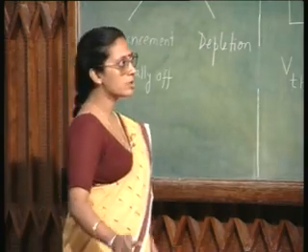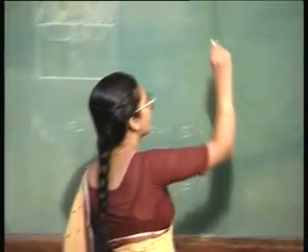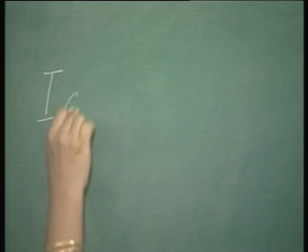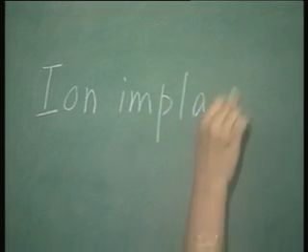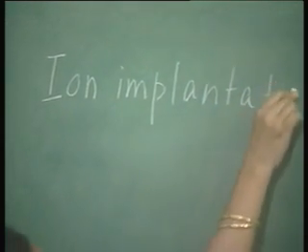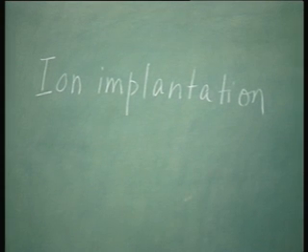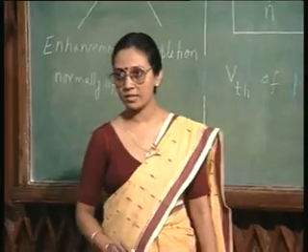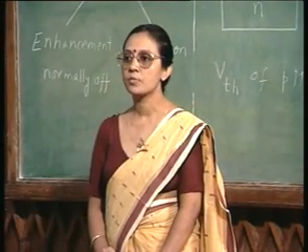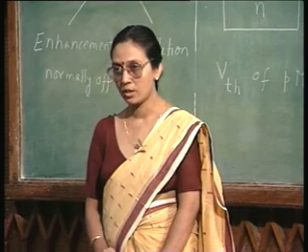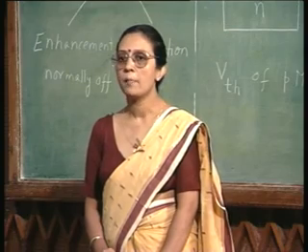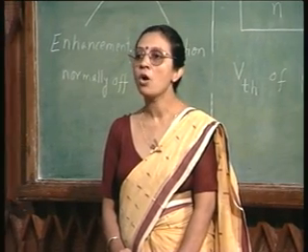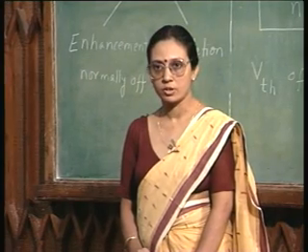So, ion implantation actually plays a very important role in today's MOSFET technology. Like I told you that the threshold voltage of a MOSFET depends on various factors, and one of them is the substrate doping concentration. Ion implantation is a very sophisticated doping technique by which you can locally alter the doping concentration.